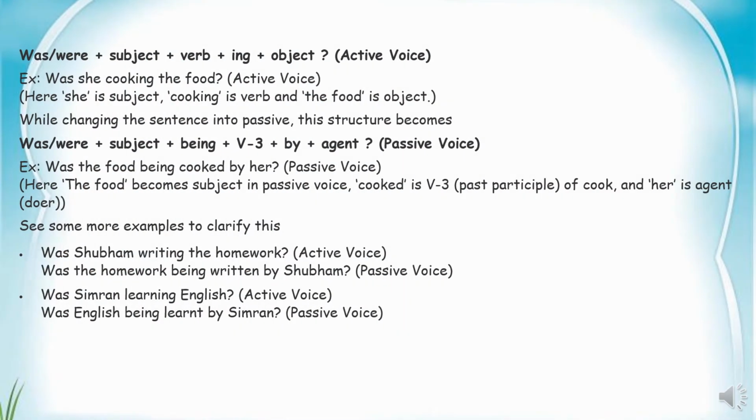Question sentences which begin with was or were follow the subject, then the verb and ing followed by the object in active voice. Example, was she cooking the food is in the active voice. Here, she is subject, cooking is verb and the food is object.